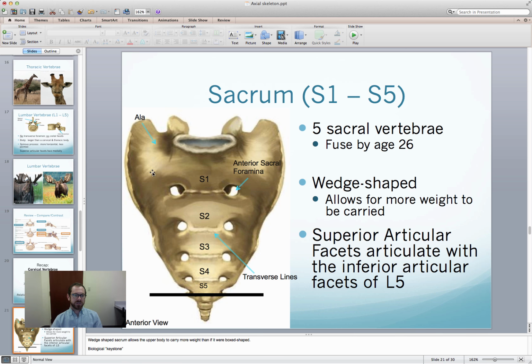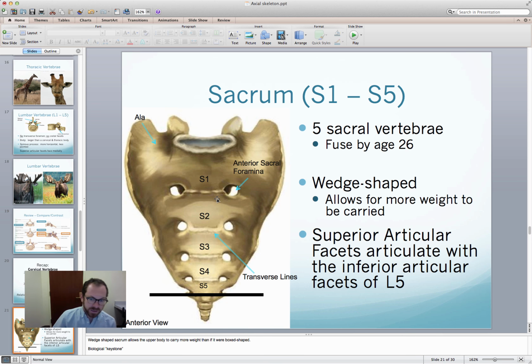Okay, now we're moving into the sacrum. The sacrum is made up of 5 individual sacral vertebrae that fuse together by the age of 26. And this bone forms kind of this wedge shape. And this makes sense because there's going to be a lot of weight put on this bone, and so we need to have a strong area that can support all this weight.